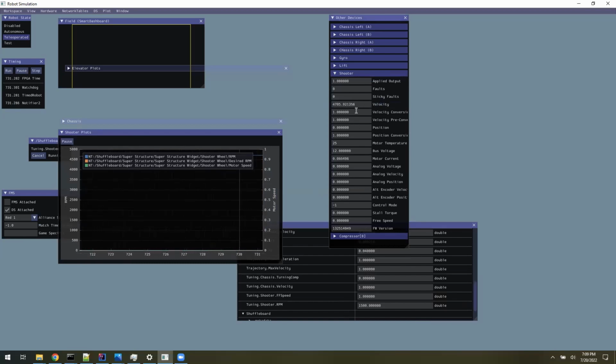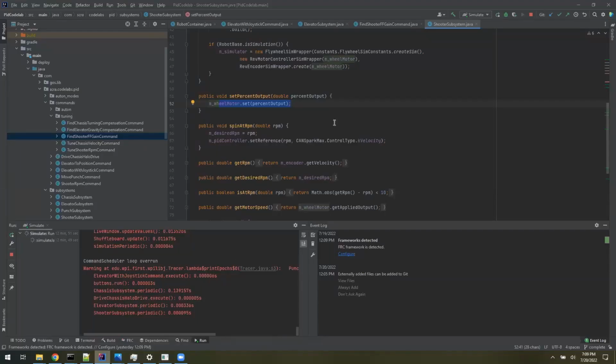So if I'm giving it 1 power and I'm going 4,700 RPM, how can I calculate what my FF should be? What's the relationship between those 3 variables? Anybody? Here, I'll write the equation out again.